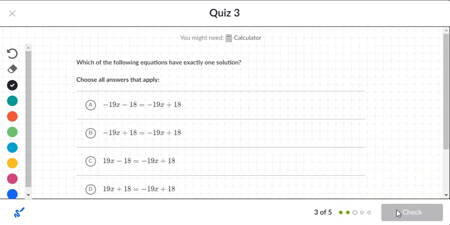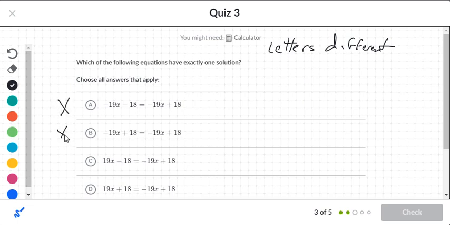Which of the following has exactly one solution? Now, for something to have exactly one solution, your letters must be different. So if we look at the first one, A is no good because the letters are the same.